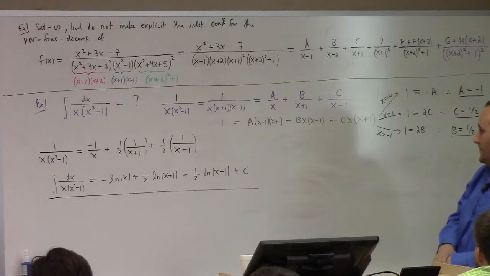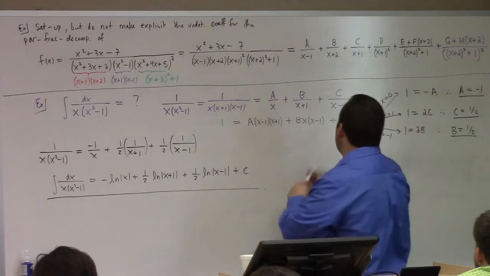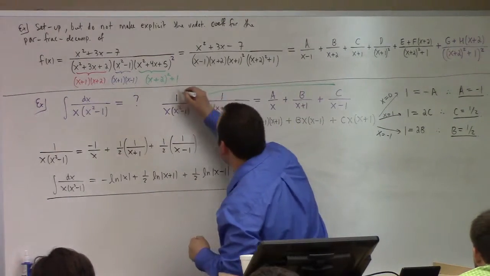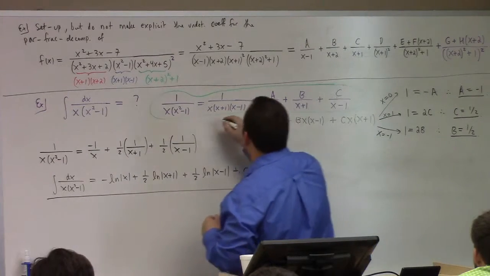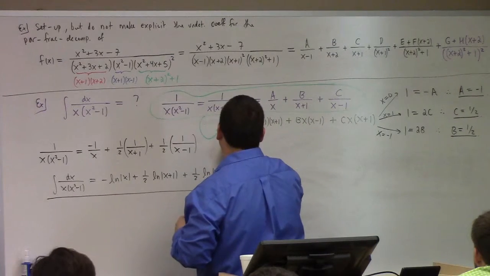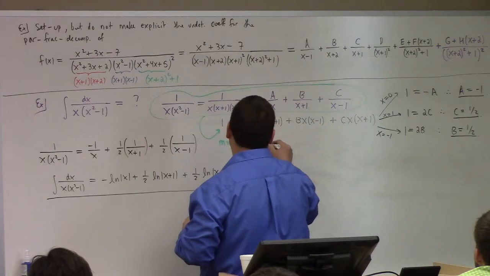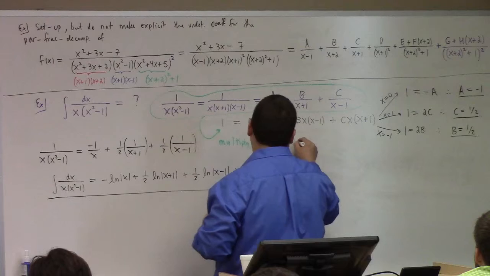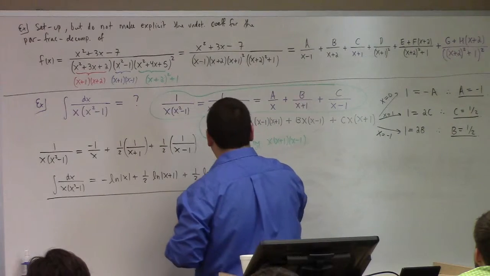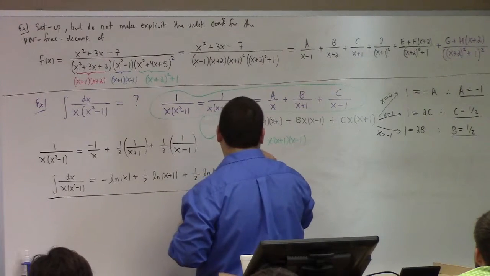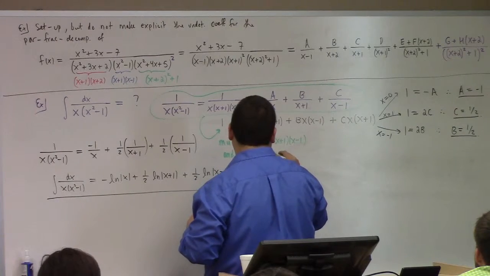So how do I get from this equation to this down here? I multiply by x times x plus 1 times x minus 1 and cancel appropriate factors, right?